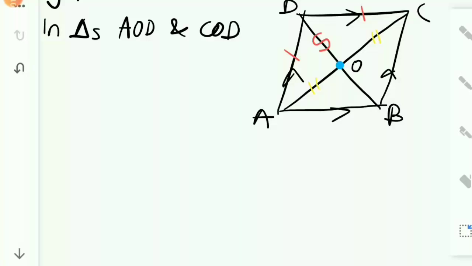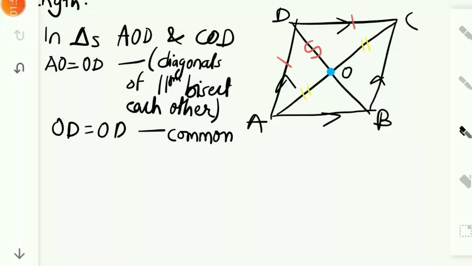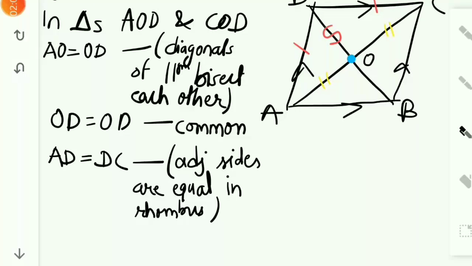In triangles AOD and COD, AO is equal to OC because diagonals of a parallelogram bisect each other. OD is equal to OD because it's common to both the triangles. And side AD is equal to DC because they are adjacent sides of a rhombus.